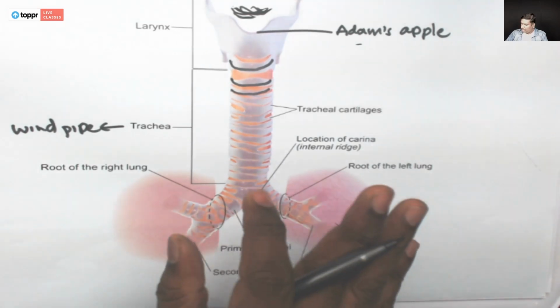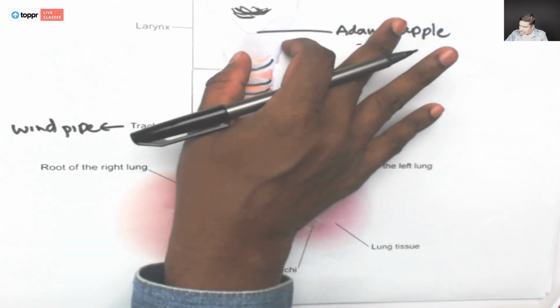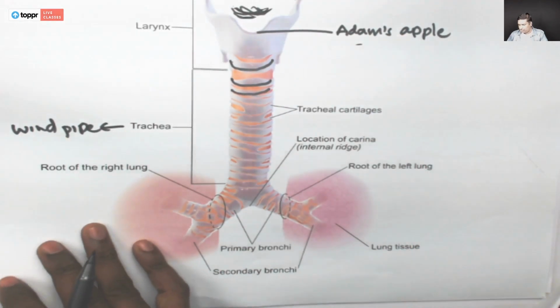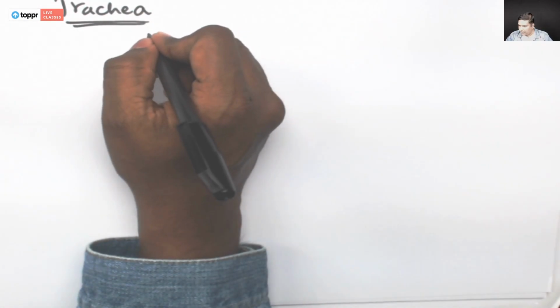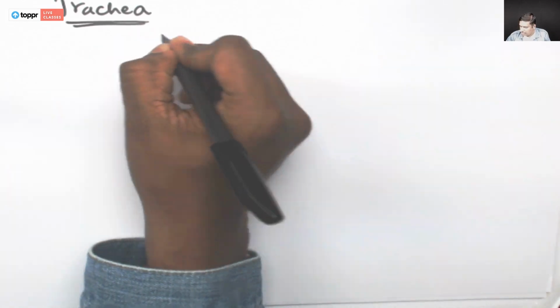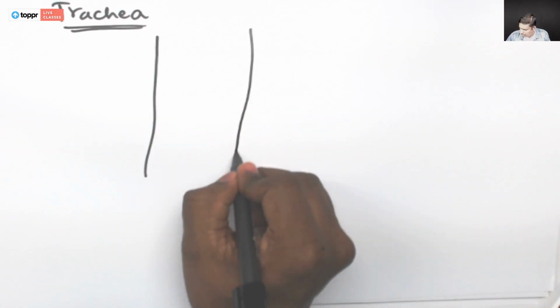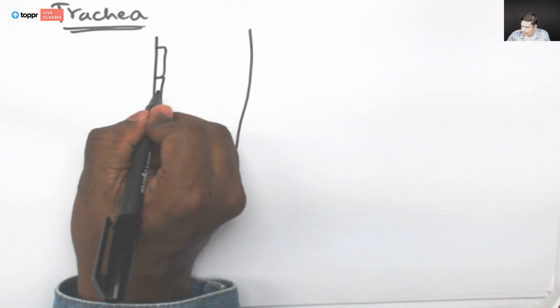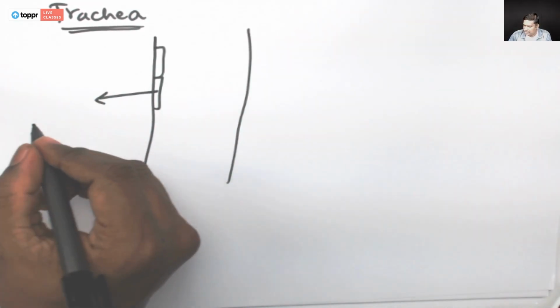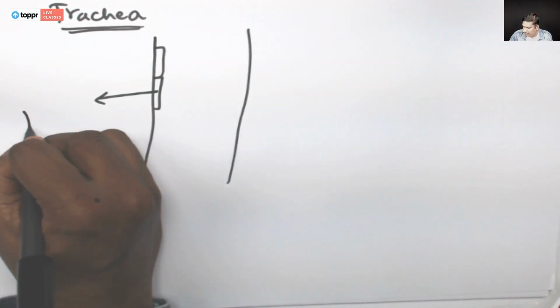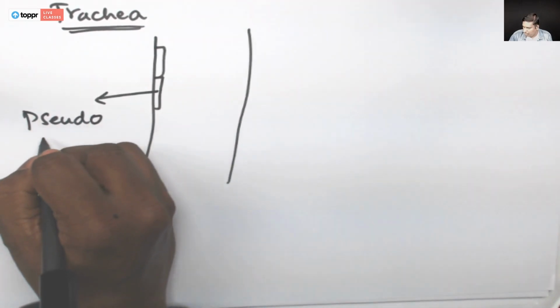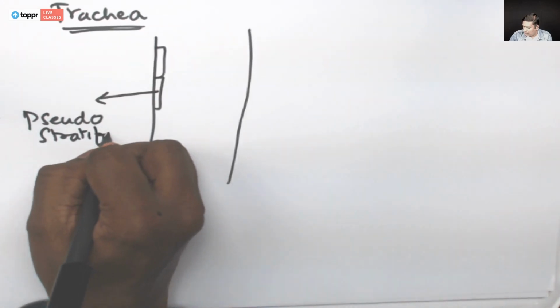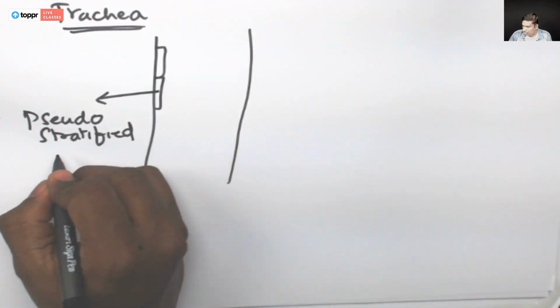If you look at the internal structure of the trachea, inside the tube you will see cells, and these cells are pseudo-stratified columnar epithelium.